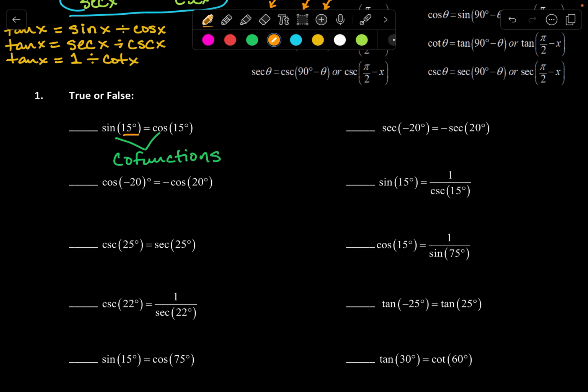So if I have sine of 15, it shouldn't equal the cosine of 15. It should equal the cosine of 90 minus 15, which is the cosine of 75. And the 15 and the 75 are complementary because cofunctions, they're equal when they're complementary. So this is actually false.